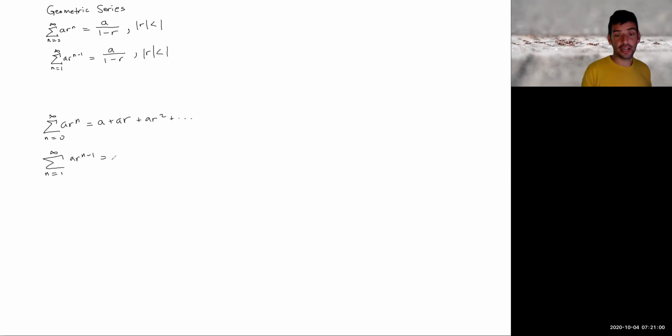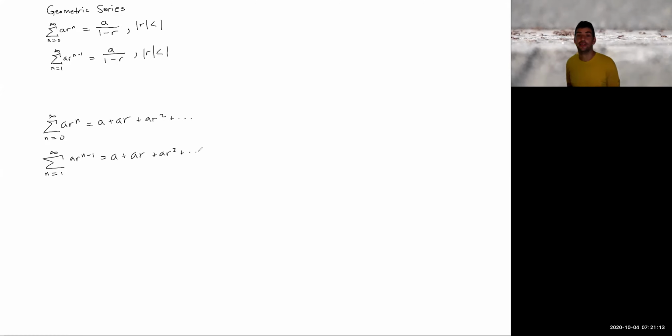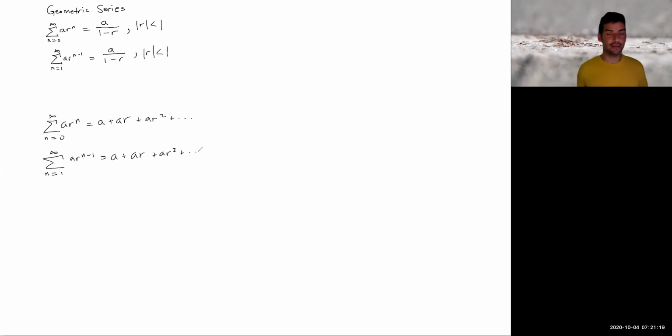Now I start at 1, I get a times r to the 1 minus 1, or to the 0, I get a. Then when n equals 2, I get 2 minus 1, so I get ar, and on and on and on. And so even though they look a little bit different, they're spitting out the exact same series, okay?